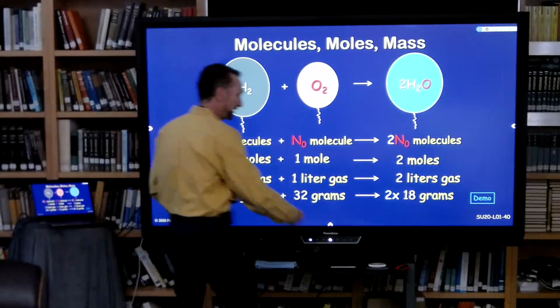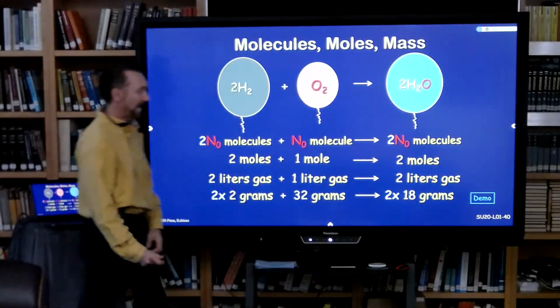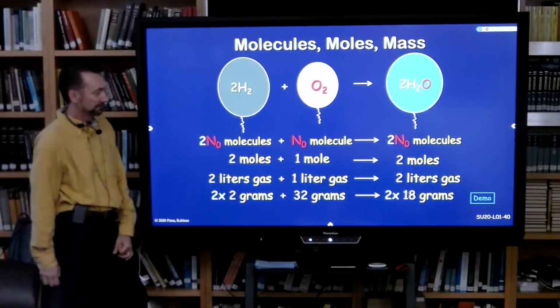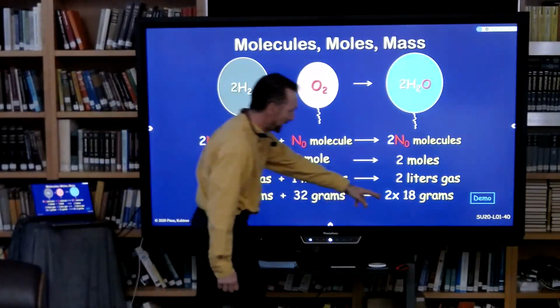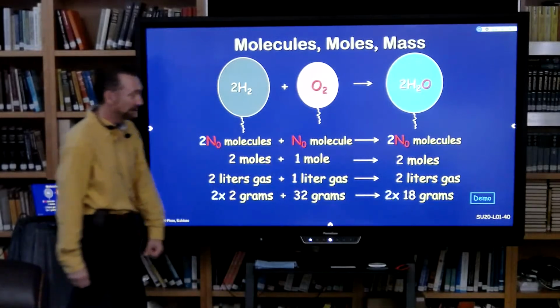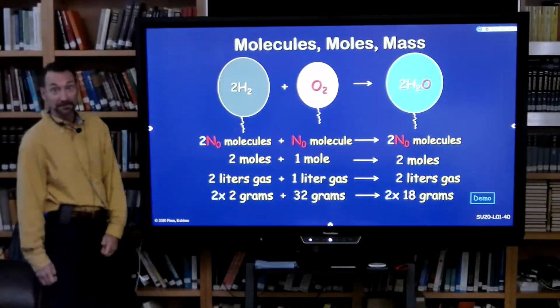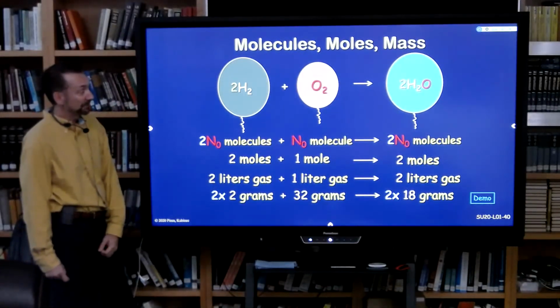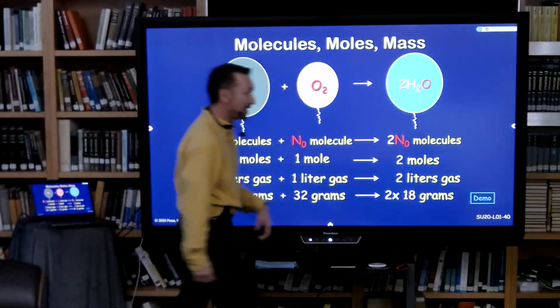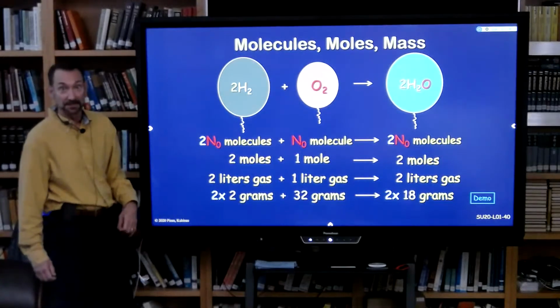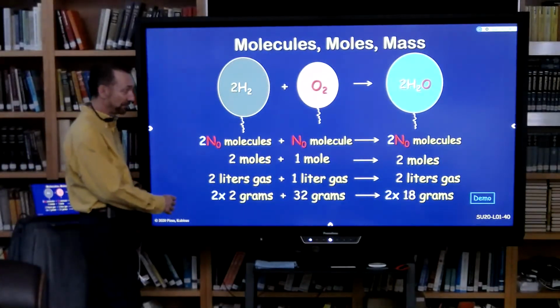And the mass on this side better add up to the mass on this side. So 4 grams and 32 grams is 36 grams, and you get 36 grams of water. You don't lose any particles. No particles disappear in this course. So if all the particles go from this side to this side, all the mass has to go from this side to this side. Mass is going to be conserved.